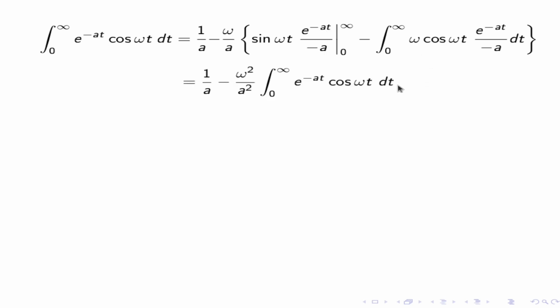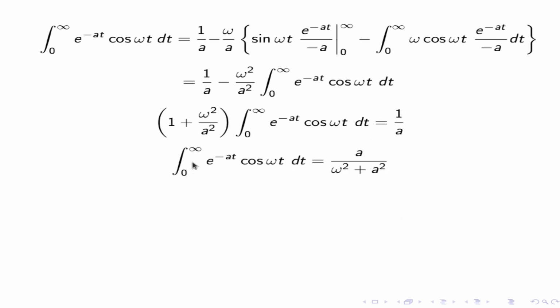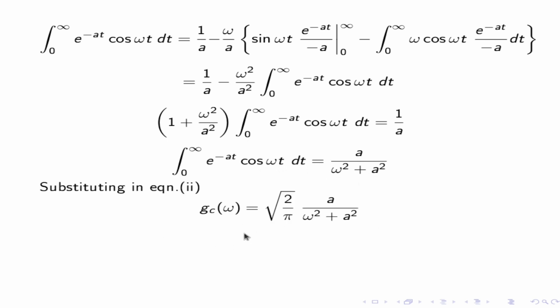Again integrating and simplifying, we have 1 plus omega square by a square times integral 0 to infinity e raised to minus at cos omega t dt is equal to 1 by a. From that, integral 0 to infinity e raised to minus at cos omega t dt is a by omega square plus a square, and substituting in equation 2, g_c(omega) is square root of 2 by pi a by omega square plus a square.